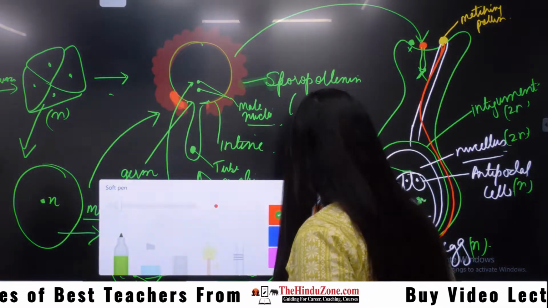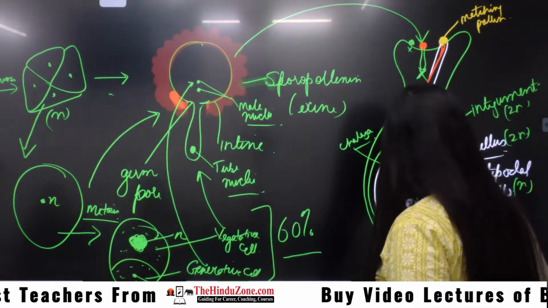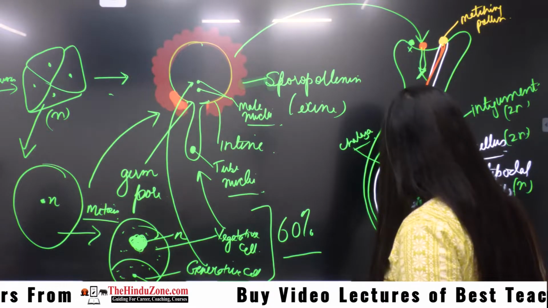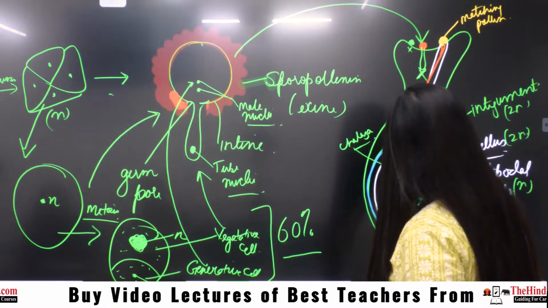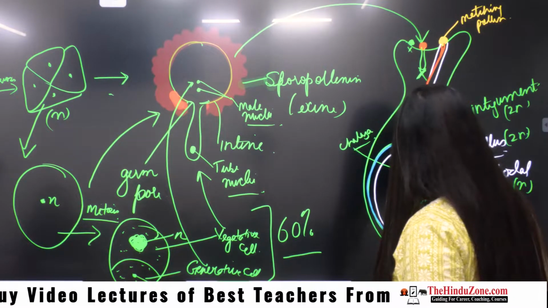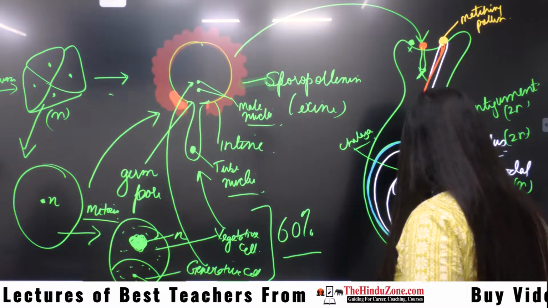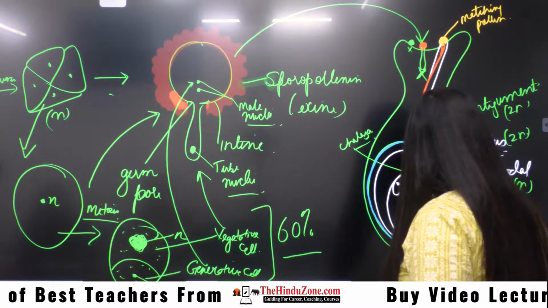I am highlighting the integuments with another color. Now I am showing this integument with this blue color. Okay?